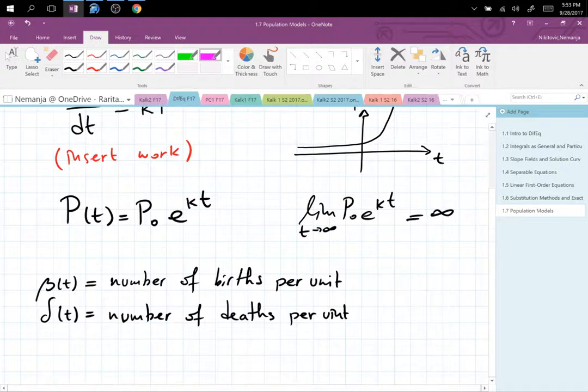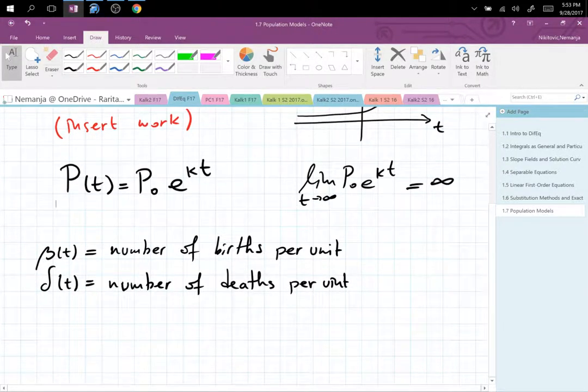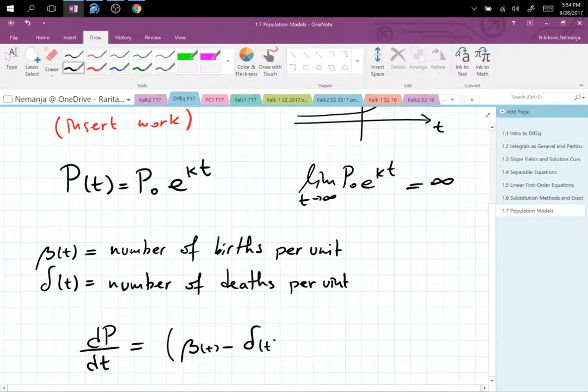For population, as I said, birth, death, conditions, and everything else is in that same constant. Now we can redefine our differential equation, and we would say that the change of population in time is given as the birth rate minus the death rate times the population. So it's proportional to this situation.